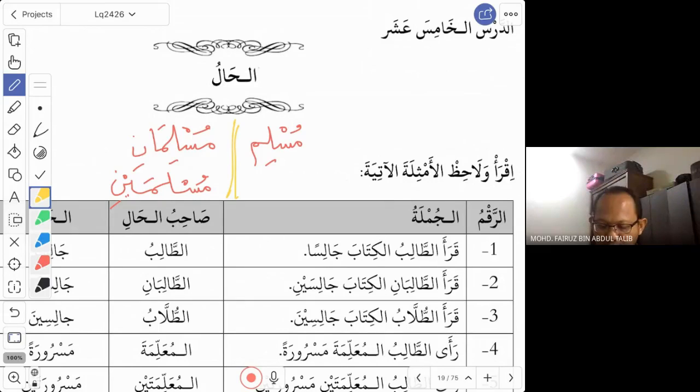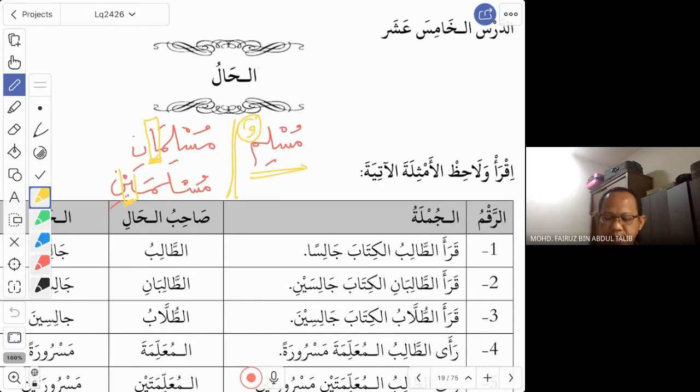When you change a word to a musanna, sometimes you will use the letter alif, Muslimani, but sometimes you will see they use ya instead, Muslimaini. The nun is just an additional letter. They say that this nun is actually representing the tanwin. In a normal word you have a tanwin in the end, but for musanna you don't put a tanwin. Instead of a tanwin, you put a nun. But what is important here is the alif, and for the second version, the ya.